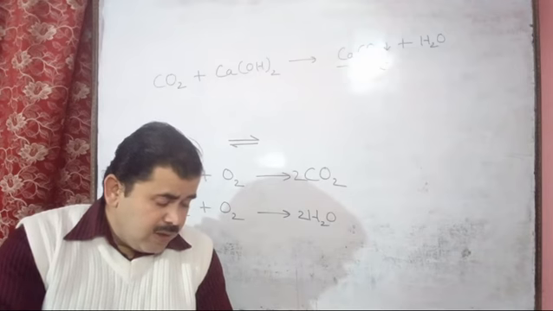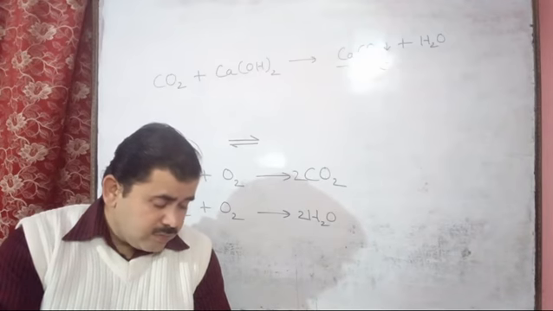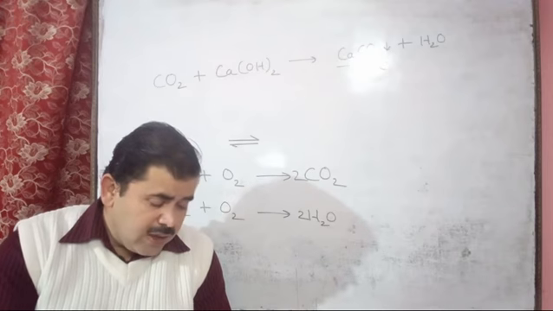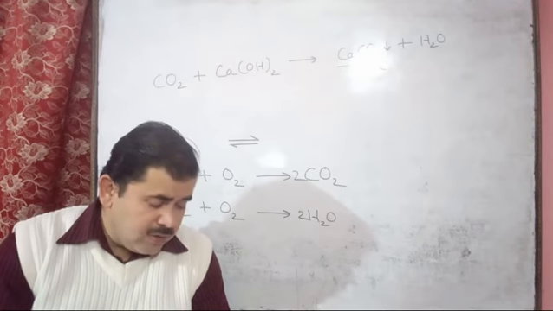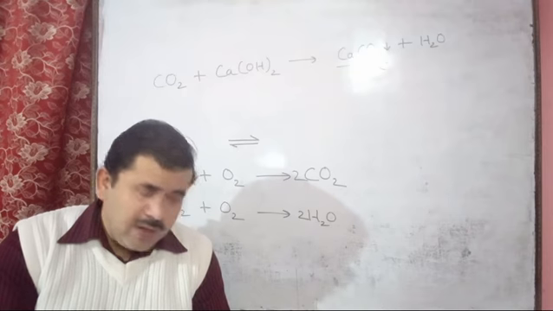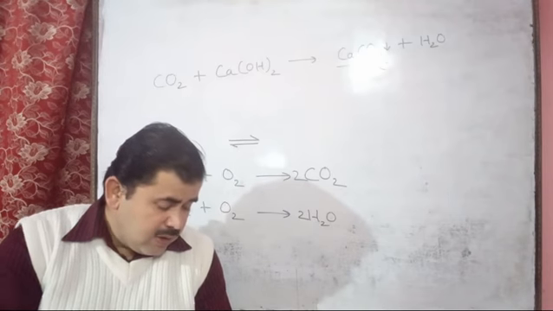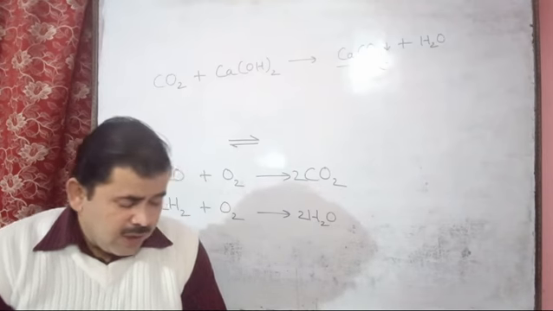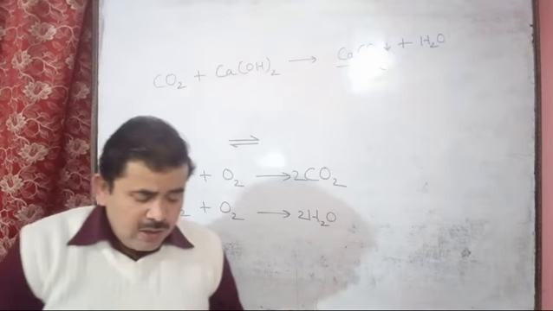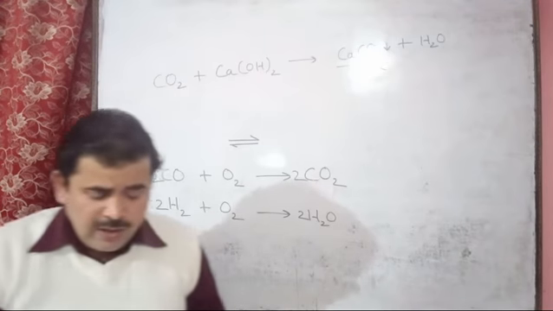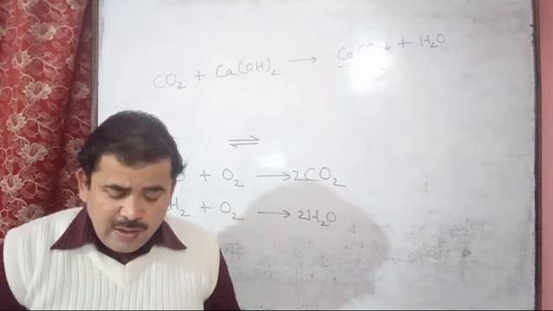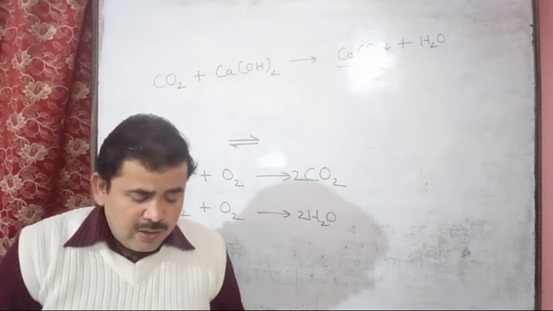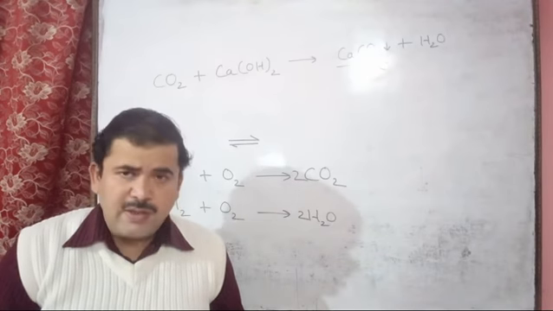Describe briefly with equation the Bosch process for the large scale production of hydrogen. So here equation we will write, Bosch process. Question number 3: account for the following fact. Though lead is above hydrogen in the activity series, it does not react with dilute hydrochloric acid or dilute sulfuric acid.